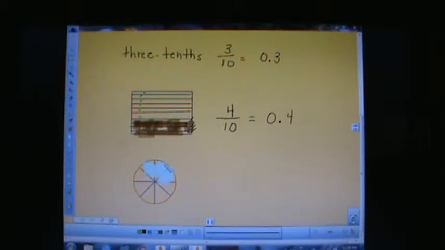Okay, now let's again count to see how many pieces we have of this little pie here. 1, 2, 3, 4, 5, 6, 7, 8.